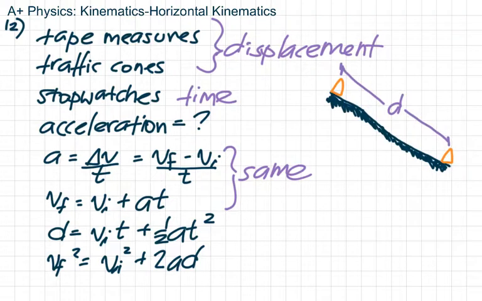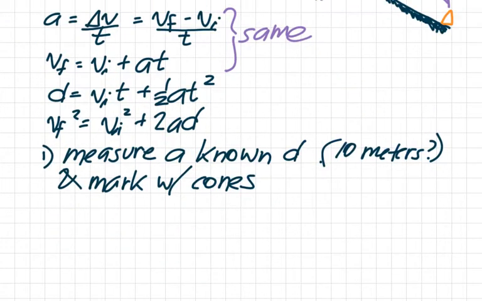Like if you had your hill, I mean that's quite a hill, but you get my point. And then set up 2 traffic cones with a known distance between them, and you started your rollerblader from rest, and then you timed how long it would go from one cone to another, you could actually solve for the acceleration. So you could measure a known distance and mark it off with the cones.